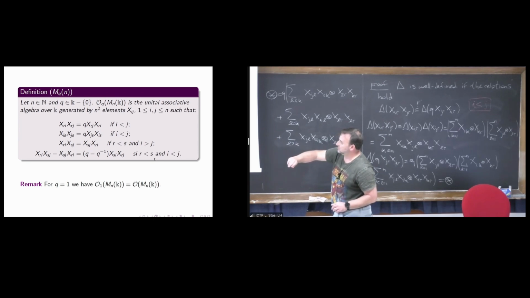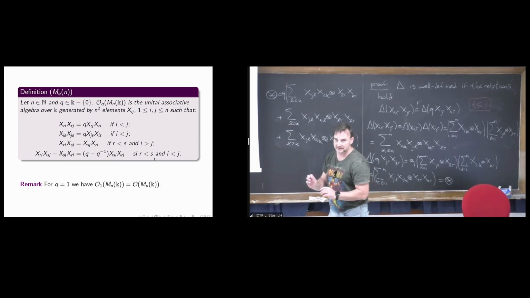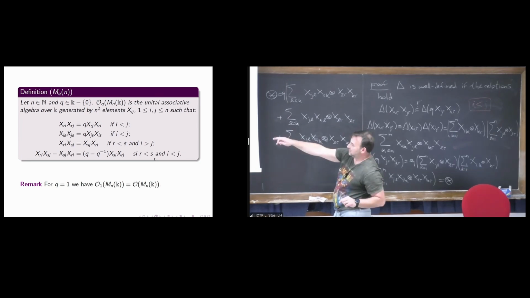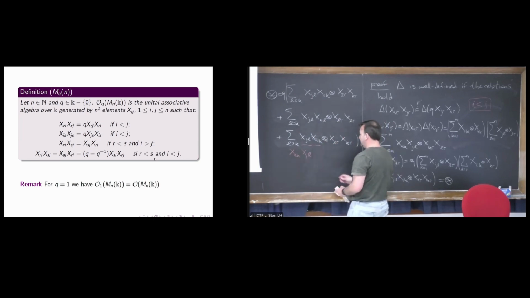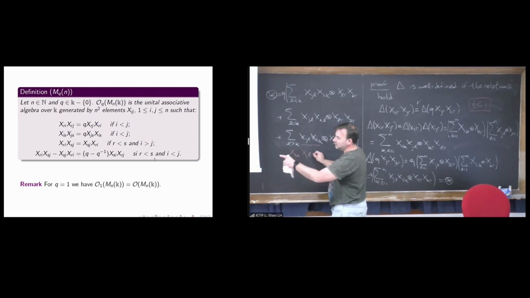When the first two subindices are less than the second two, index by index, then we have to use the second formula. What does the second formula say? We change the order, but if we change the order of these two, then we have to add the term on the left. So we change the order, we put the IK first and the JL second, but then we have to put the term, this one.